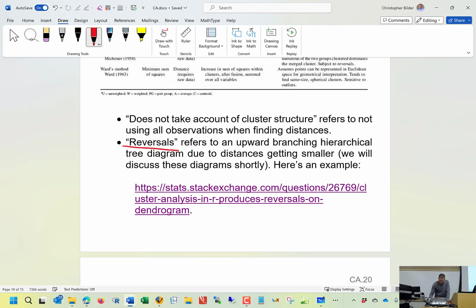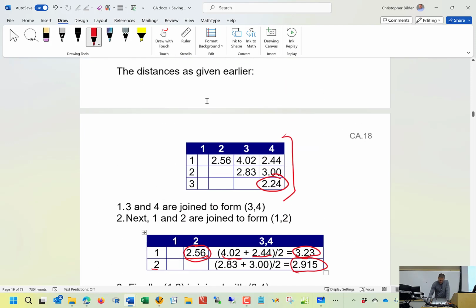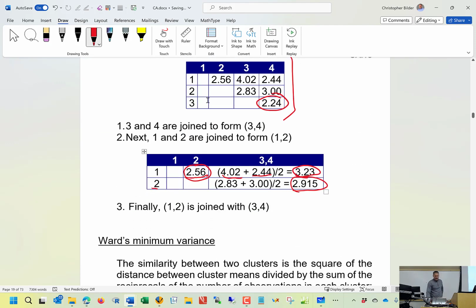I guess I can talk about this here. When we're looking at tables like this, where we have these distances, you would expect that as you go from, in our case, 4 clusters, then to 3 clusters, then to 2 clusters, then to 1 cluster, these distances between clusters would increase as you get to a smaller number of clusters.